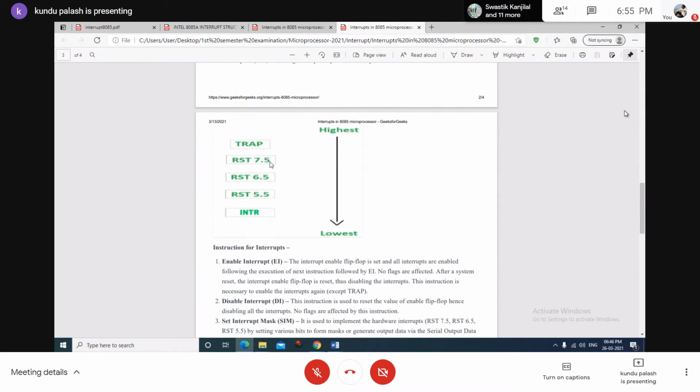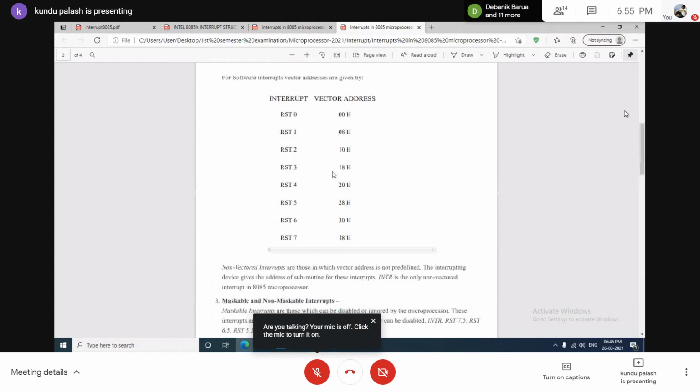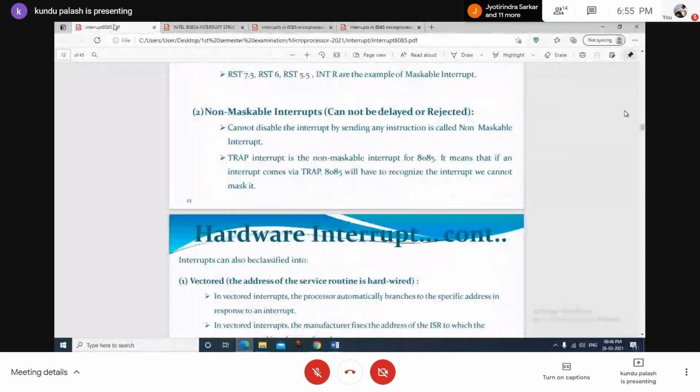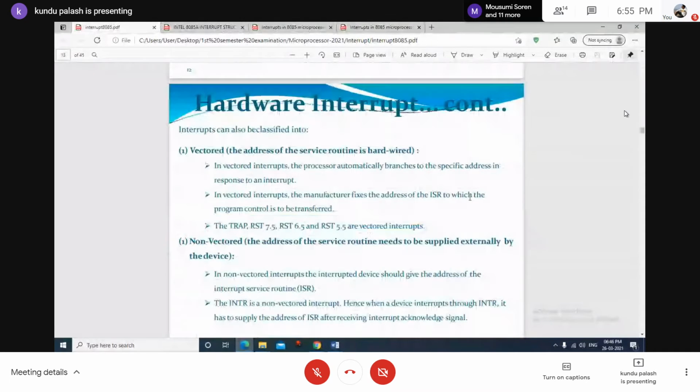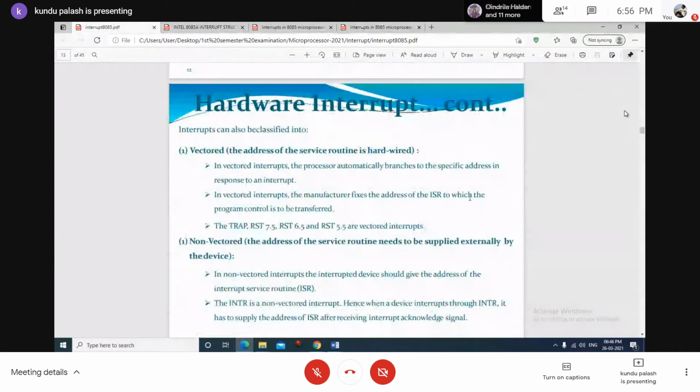Now, this is about the theory of interrupt processing. But there is another technique called masking or non-masking of the interrupt. What is meant by this?